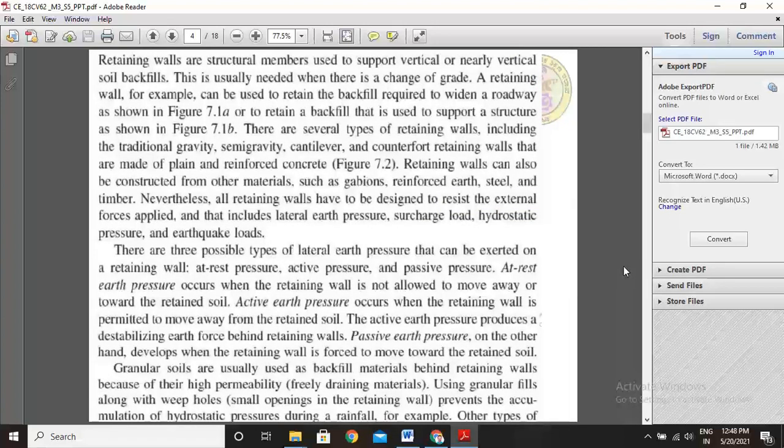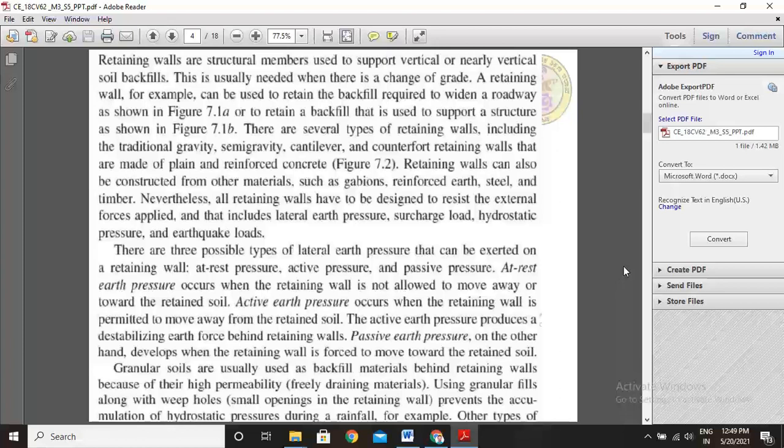There are several types of retaining walls, including the traditional gravity, semi-gravity, cantilever and counterfort retaining walls, made of plain and reinforced concrete, shown in figure 2.